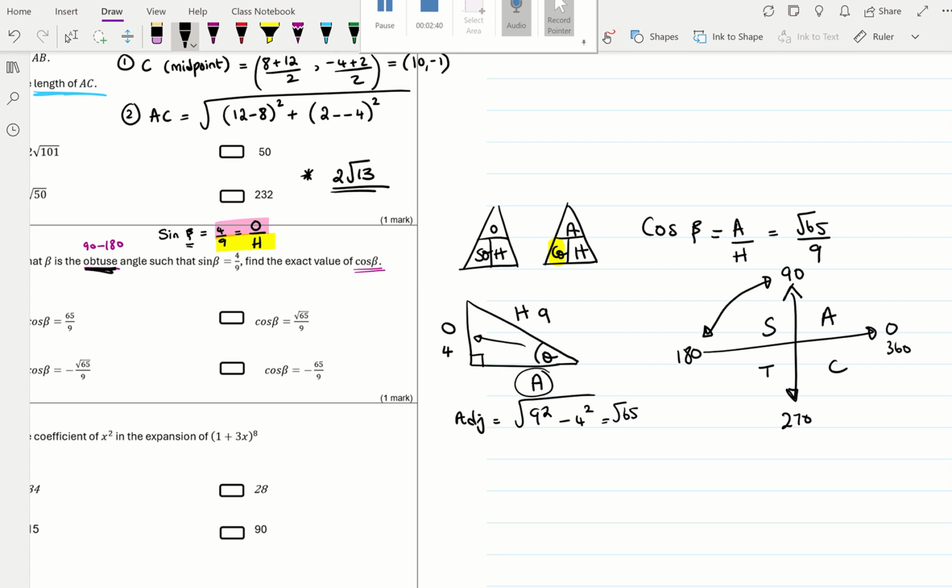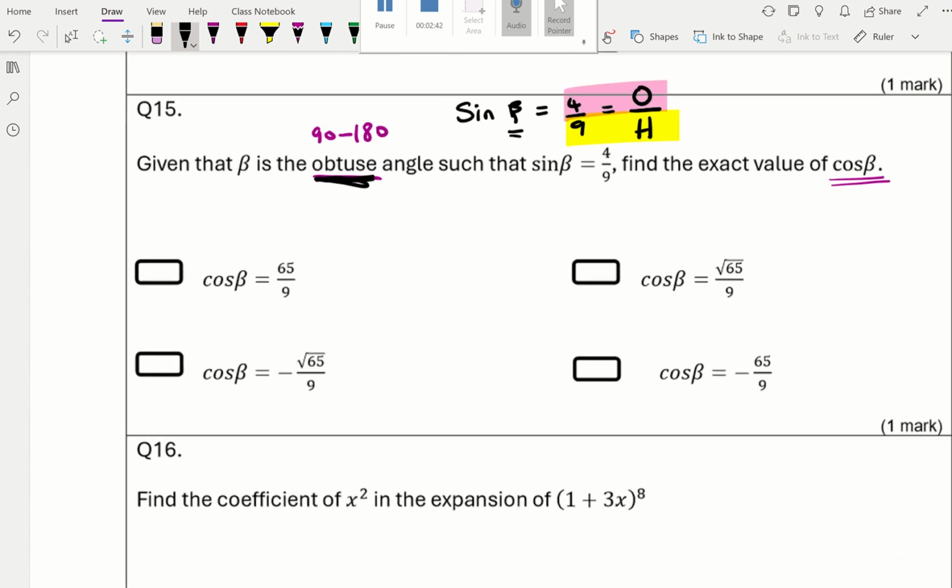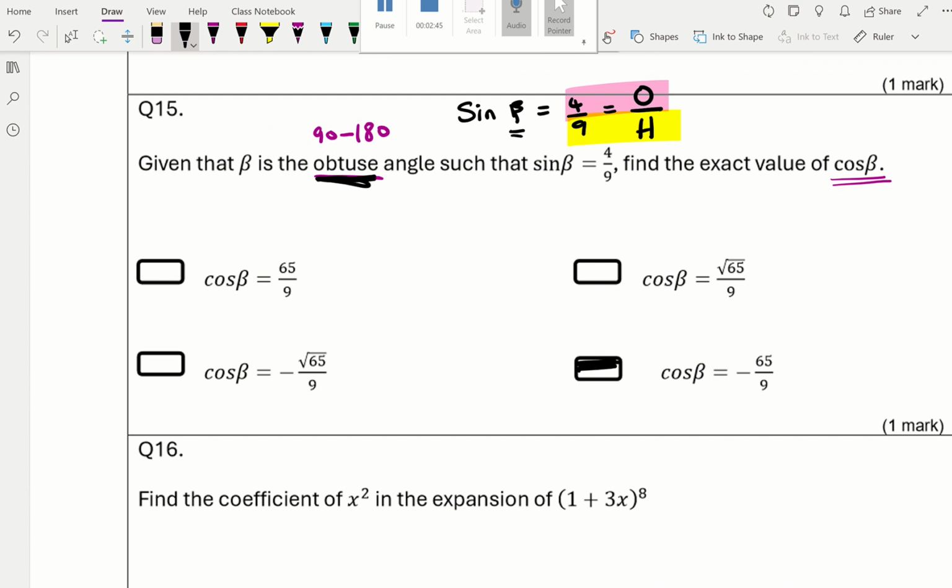Everything else is negative. Therefore, your final answer is that cos beta is negative root 65/9.